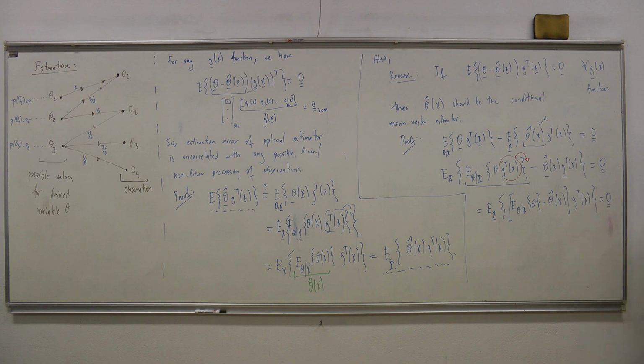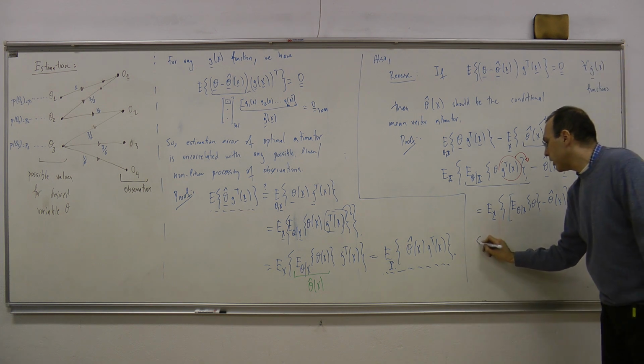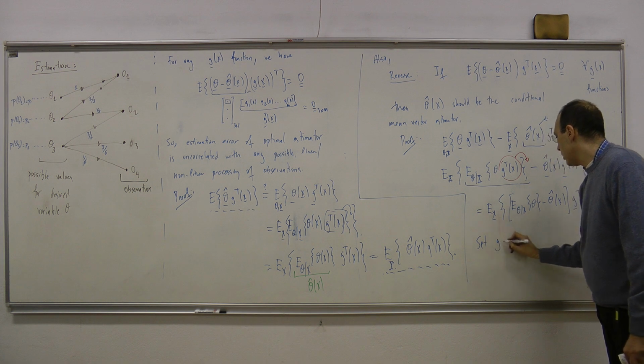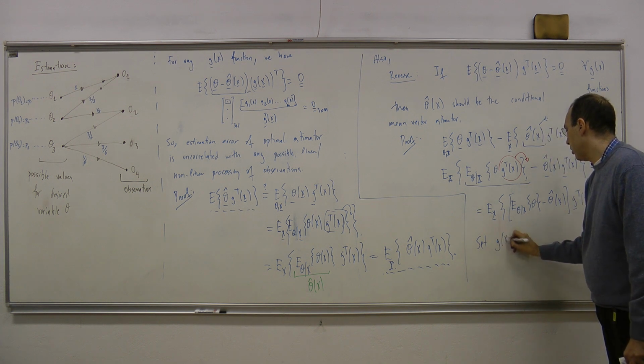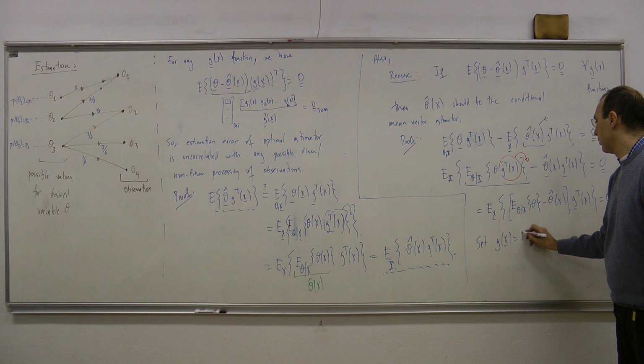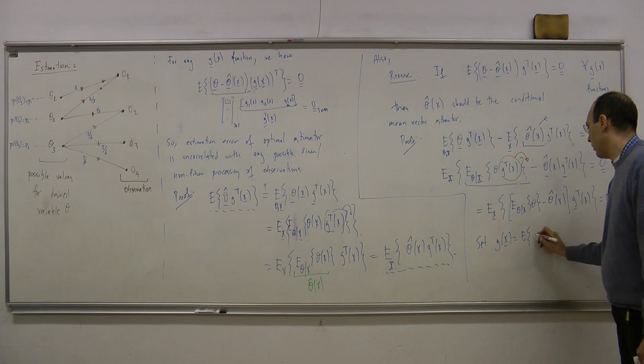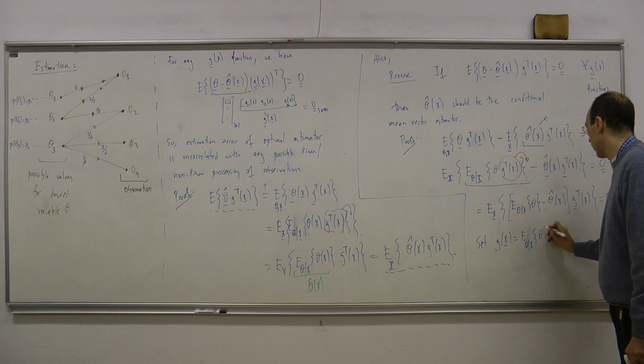Once I take that one out, I can collect these terms with the common factor G transpose x. Now this result says that for all G, I have this equality. Then set G of x equal to the expected value of theta given x.